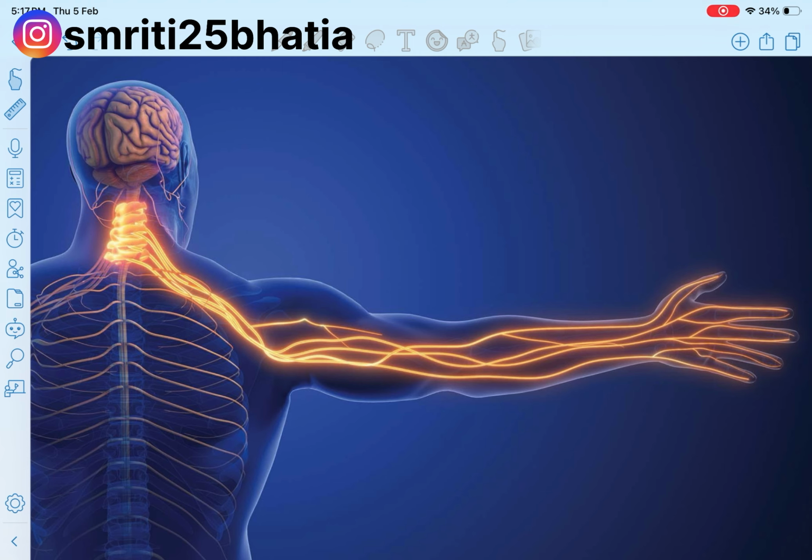So starting with the functions of the neuron, or the practical form of the neuron, let us start with knowing how the nerves originate and how they travel all the way through the body. Suppose this is the spinal cord of our body.